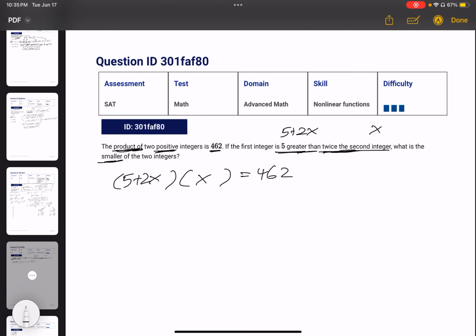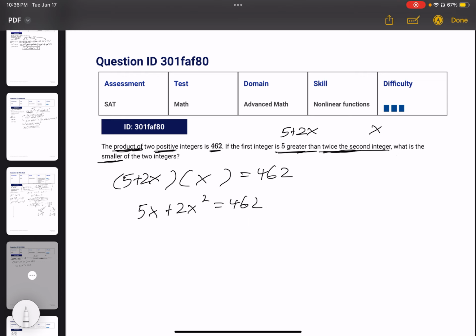The hardest part of this problem isn't the math, it's just comprehending what it's asking for. Plugging in everything they need is the easy part. Okay, so we distribute this. This is just really basic math.